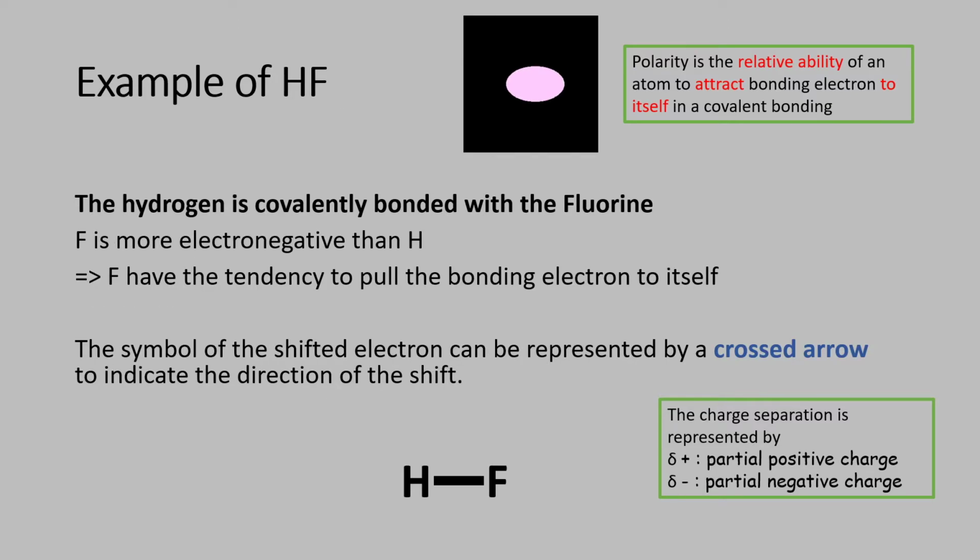So actually, kalau bonds untuk hydrogen dengan fluorine, kebanyakan electrons duduk sebelah fluorine, thus making hydrogen having a partially positive charge, and fluorine has a negative one, where kebanyakan elektron ambil. So this is dah ibarat dengan ionic bonding. Okay, and kita can represent the direction by using an arrow.